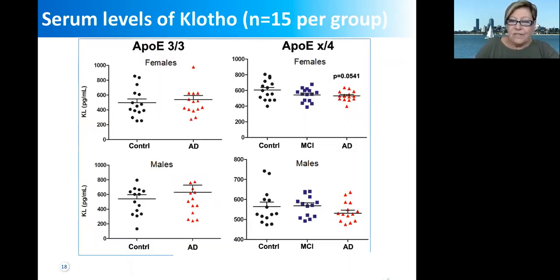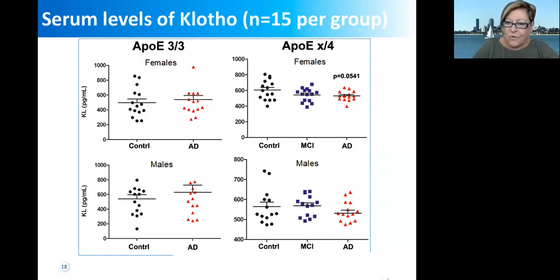When we saw this, the question was, do people that have ApoE4 also have more Klotho in their blood? Can we find a difference in the levels of Klotho if people have ApoE4?